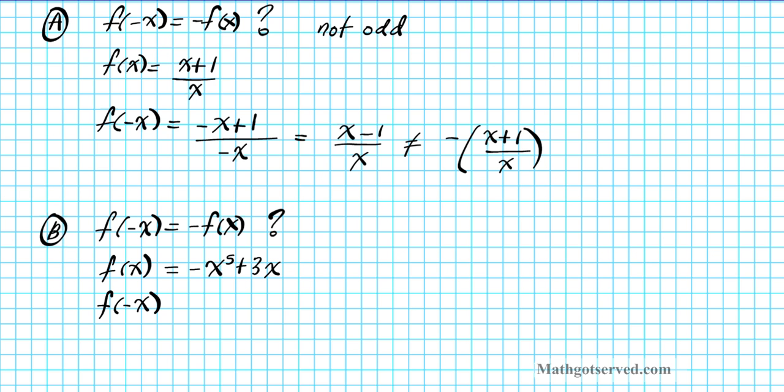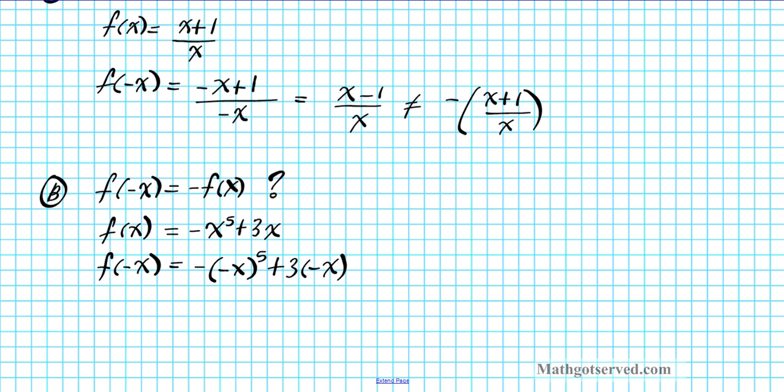So f of negative x means we'll simply substitute negative x for the x's, so we have negative x to the fifth plus 3 times negative x. Let's go ahead and simplify that. This yields negative. If you raise negative to the fifth power, it's still negative, so negative x to the fifth. Minus times plus is minus, minus 3x, which is equal to x to the fifth minus 3x.